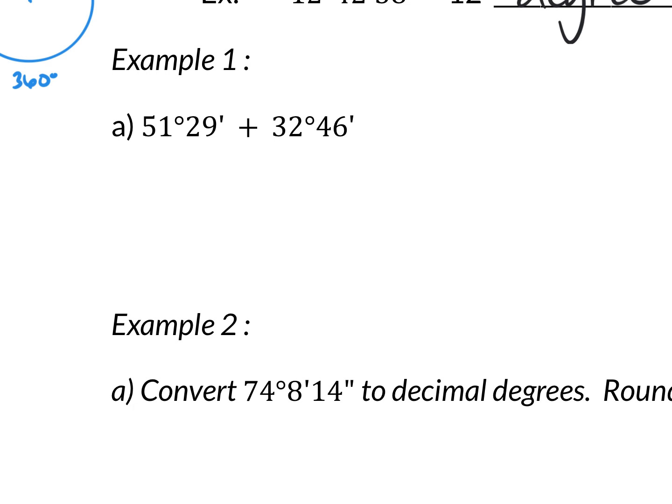If I add these 2 together back in elementary school, let's line these things up here. Starting on the very far right-hand side, we got to make sure to carry our ones. So 9 plus 6, that's going to give me 15, and that's going to give me 7, so 75 minutes. And then I'm going to have 83 degrees.